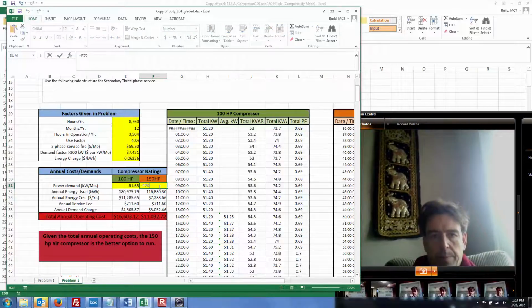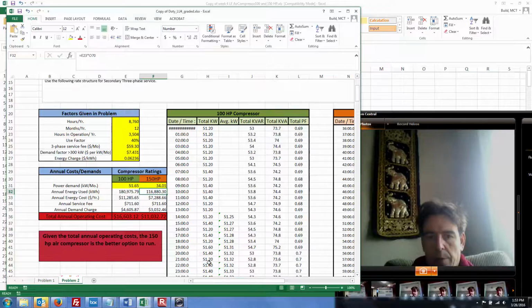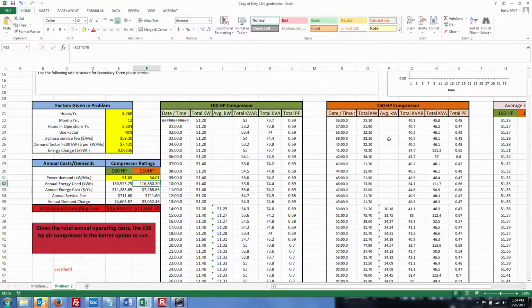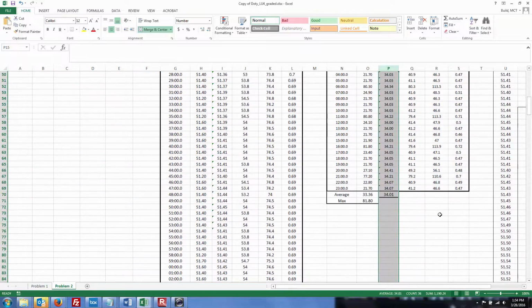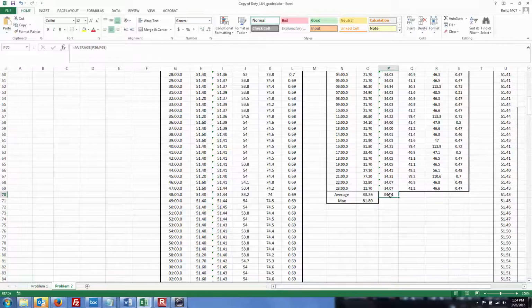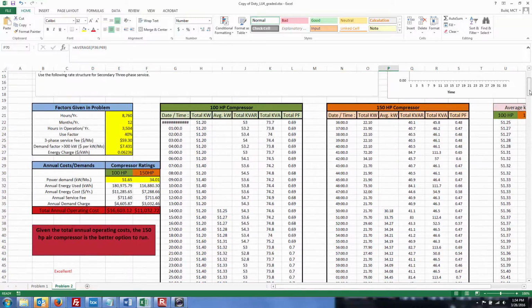it's coming from P70. Let's hop over there. So we're going to call them P70. So the 150 horsepower motor is only running at an average of 3401.